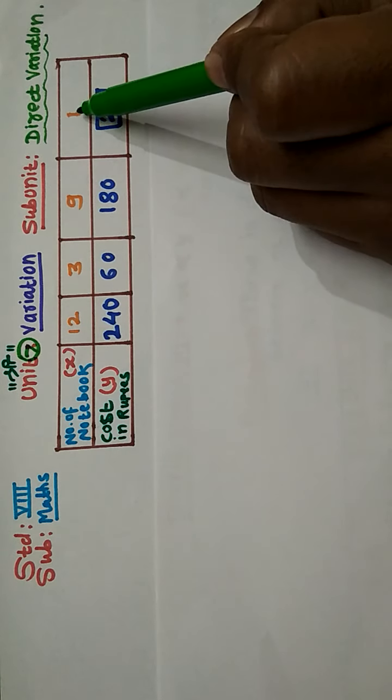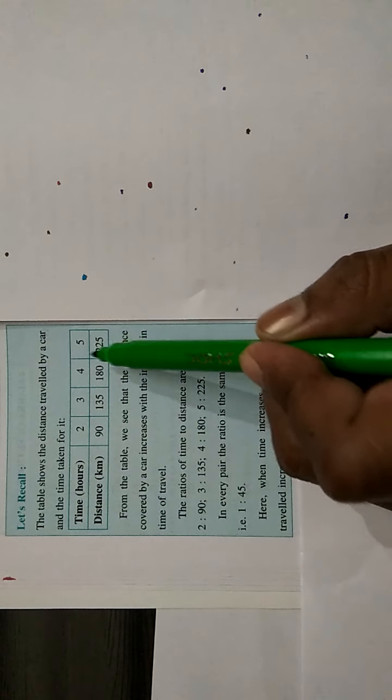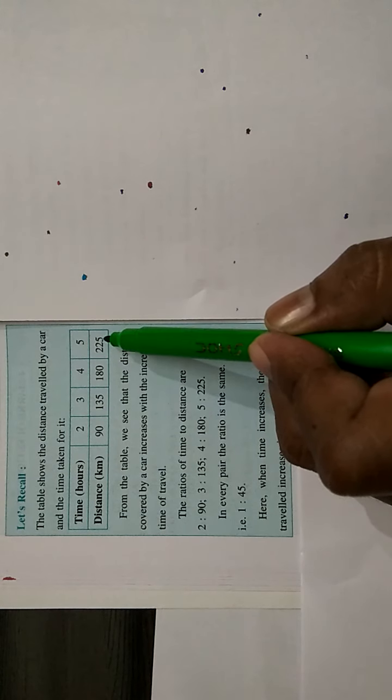Remember that the car travels at uniform speed, so in this example 2 hours for 90 means for 1 hour it covers 45 kilometers. For 3 hours it covers 135. For 4 hours it covers 180. For 5 hours we get 225.